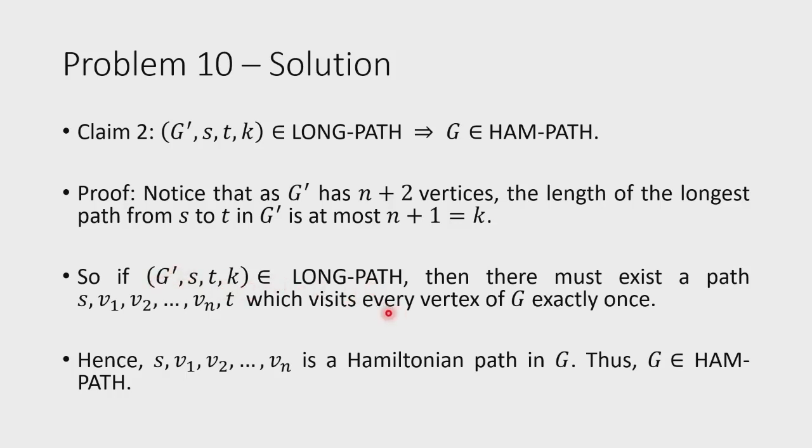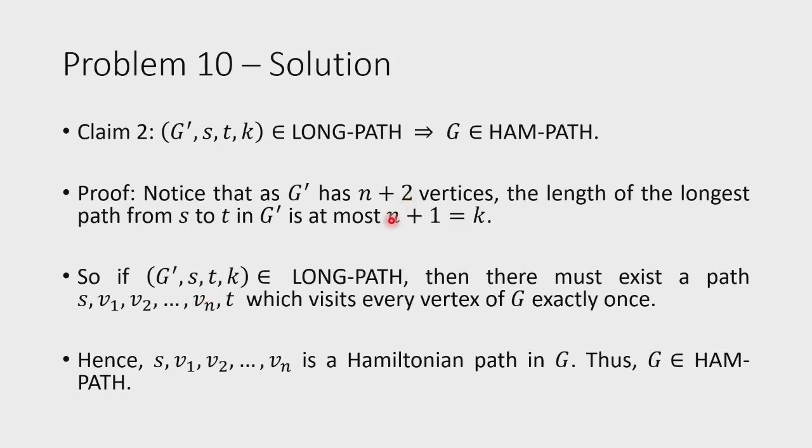This means that there exists a path S, V1, V2, up to Vn, T, that is a path of length n plus 1. But the only way to get a path of length n plus 1 is if you visit everything. So this path immediately gives us a Hamiltonian path in G: V1 to Vn.